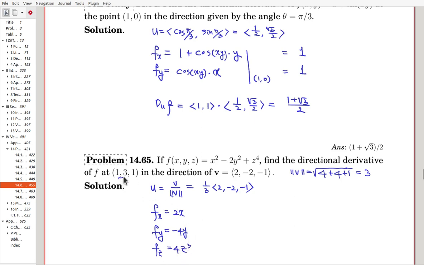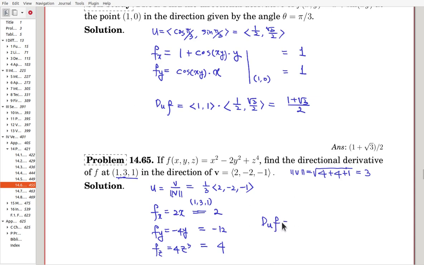Now the point is (1, 3, 1), x is 1, y equals 3, z is 1. We have to evaluate. Then x is 1, so that is 2. And y is 3, minus 12. And z is 1, that is 4.